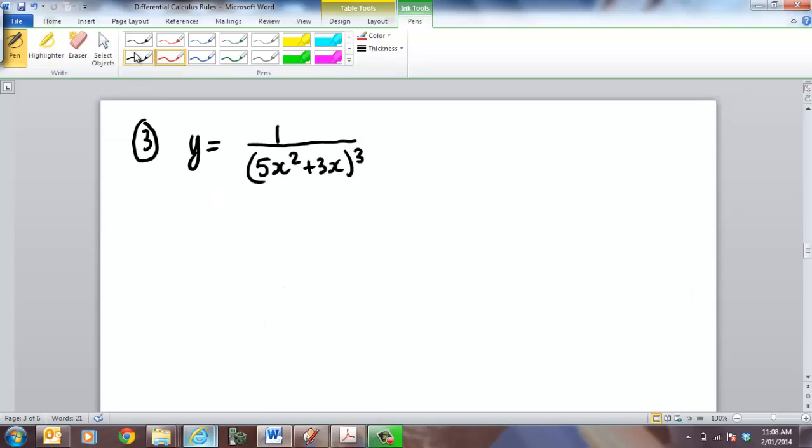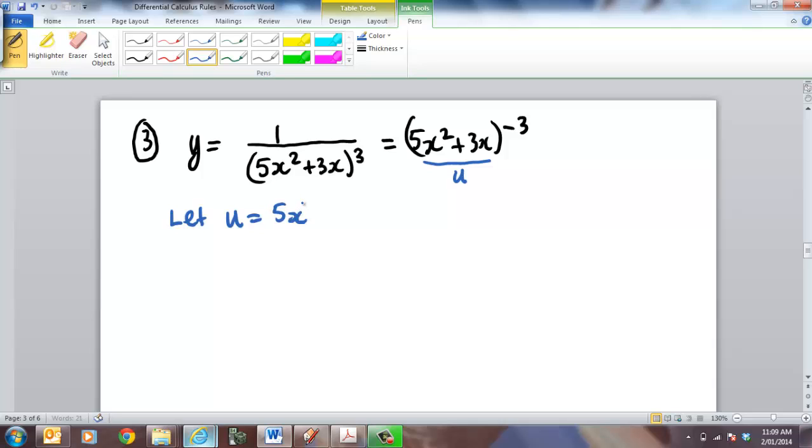Again, we need to make sure we write this as a power. So that's going to be 5x squared plus 3x to the power of negative 3. In this particular case, what's inside the bracket becomes equal to our u value. So let u be equal to 5x squared plus 3x.